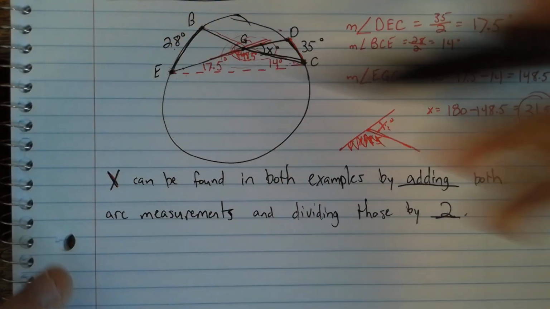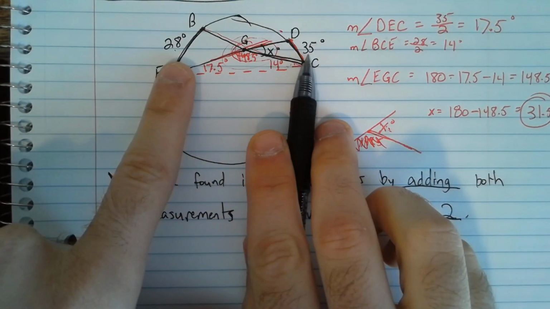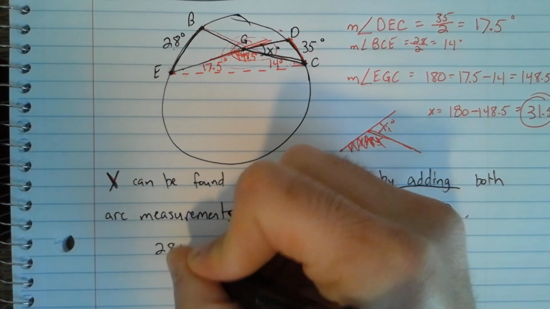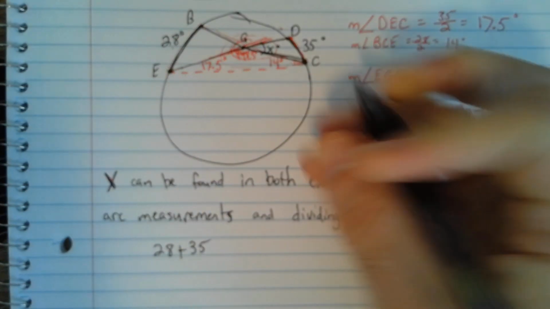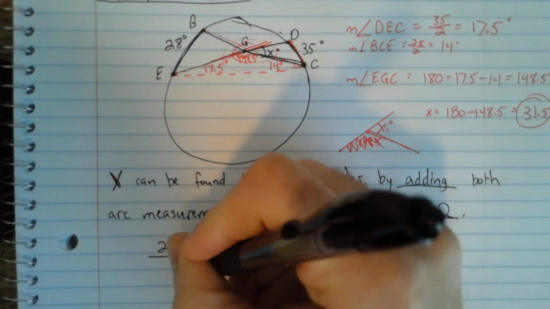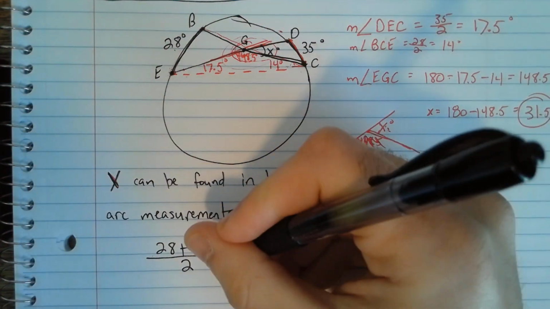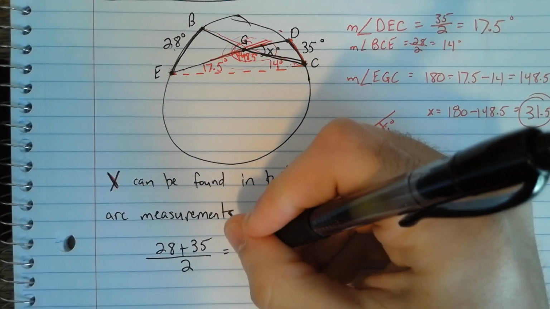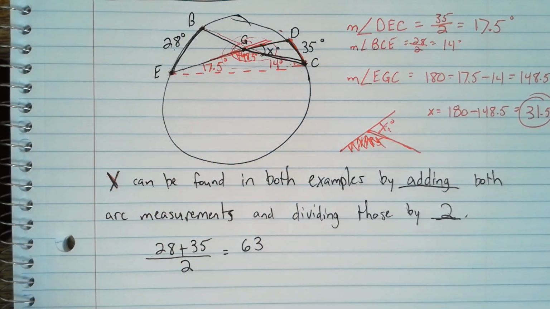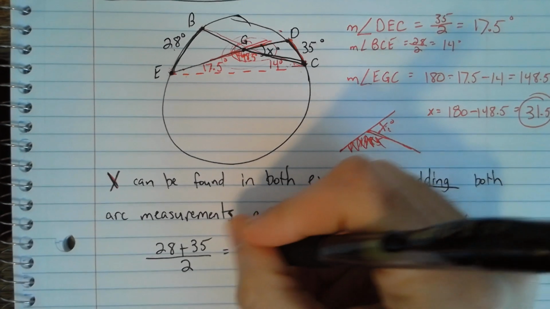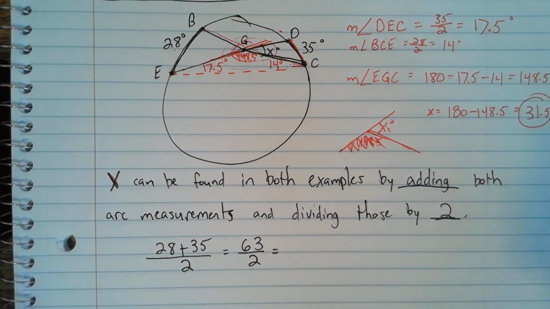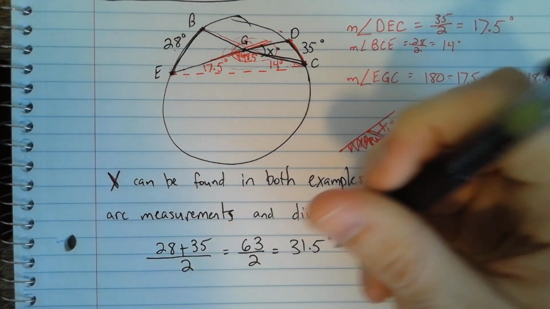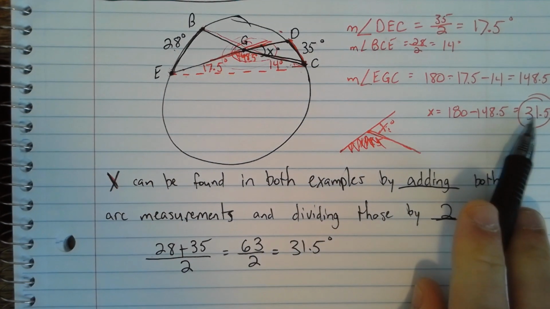For example 1B, we had these 2 arcs of 28 and 35. So 28 plus 35, and then dividing those by 2. What's 28 plus 35? It's 63. And if you divide 63 by 2 in your calculator, you'll see you get 31.5. That was our answer, wasn't it?